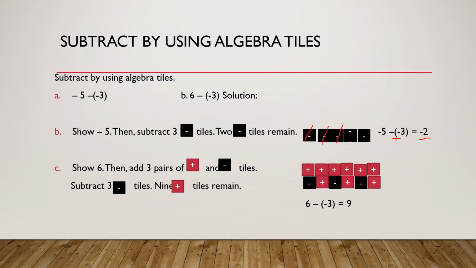Then, subtract 3 negative. So, tatanggalin natin yung tatlong negative. So, there are 9 tiles remain. Why? Because itong negative at saka negative, that is positive. So, the answer is 9. Kung napansin nyo, 9 tiles positive ang naiwan. Madali lang, di ba?